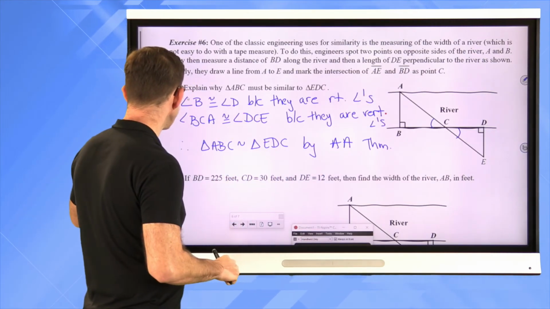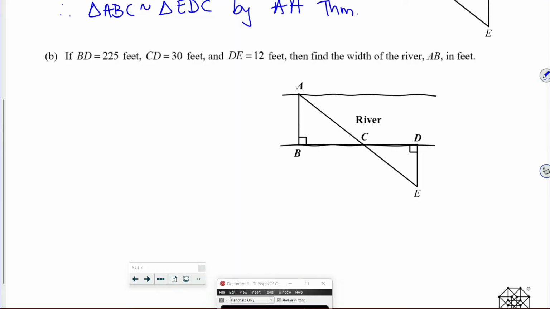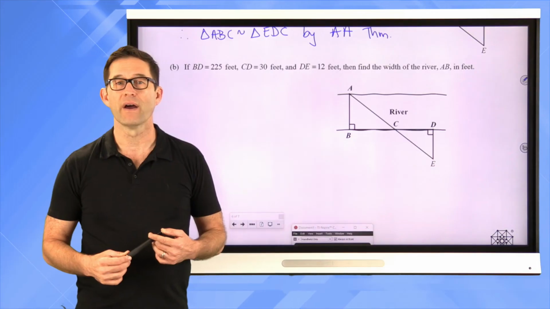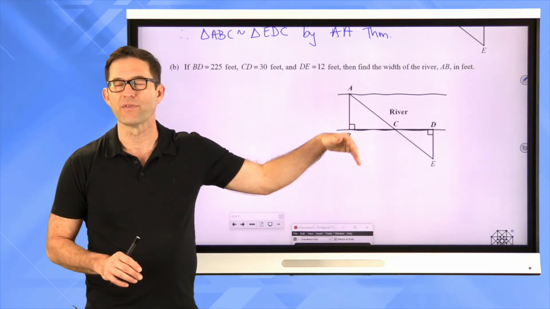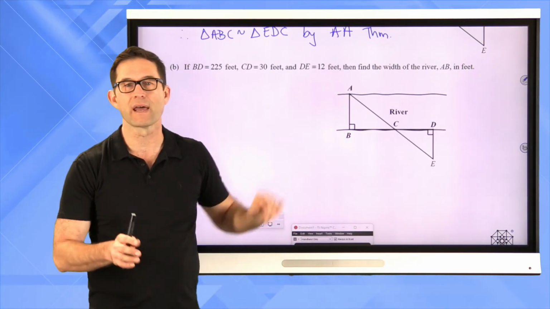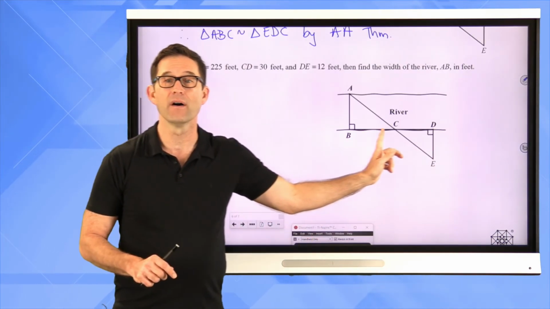Okay, so now let's figure out the width of this river. Letter B. If BD is equal to 225 feet, CD is equal to 30 feet, and DE is equal to 12 feet, then find the width of the river AB in feet. All right, so let's take a look at what we know. And again, think about this, right? If I'm trying to find the width of a really wide river before satellite imagery and things like that, it would be easy enough to find the length here.